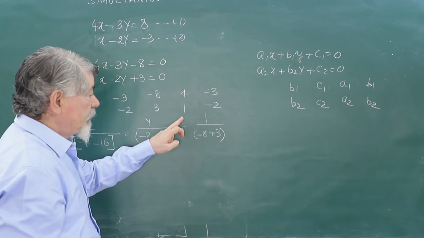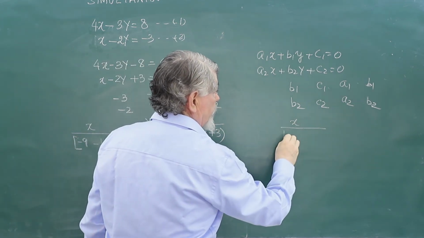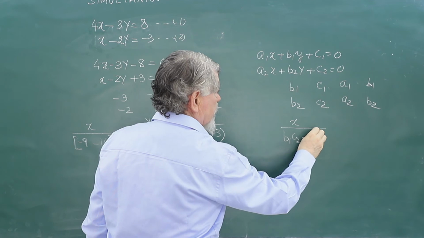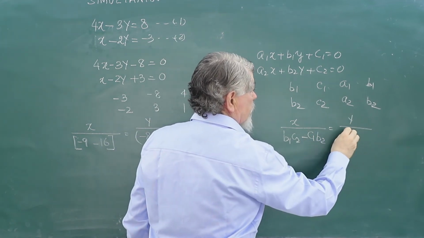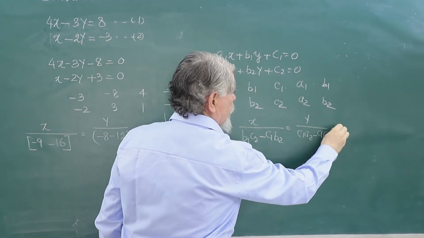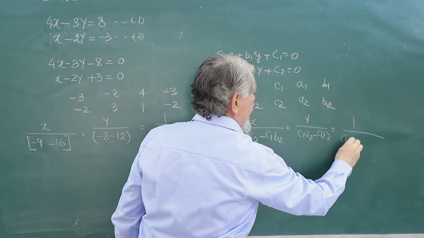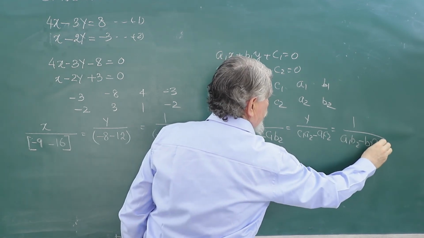Because it is minus. It is x upon b1c2 minus c1b2 is equal to y upon c1a2 minus a1c2 is equal to 1 upon a1b2 minus b1a2.